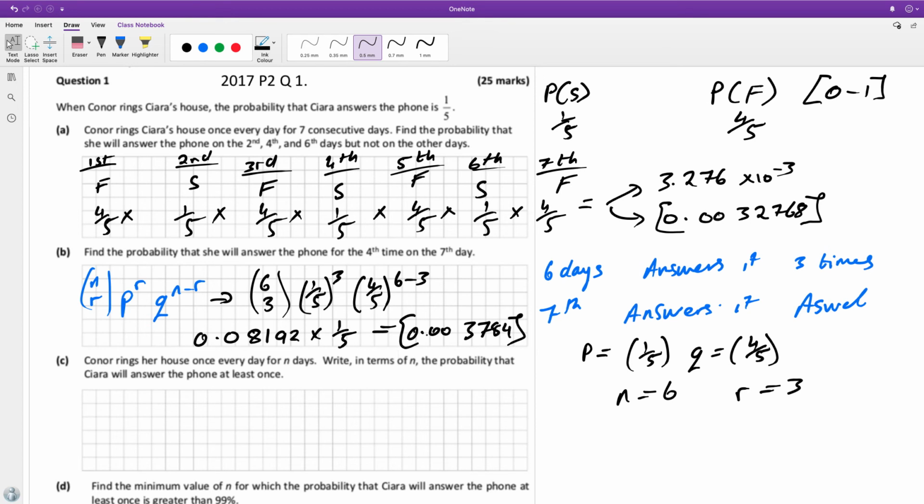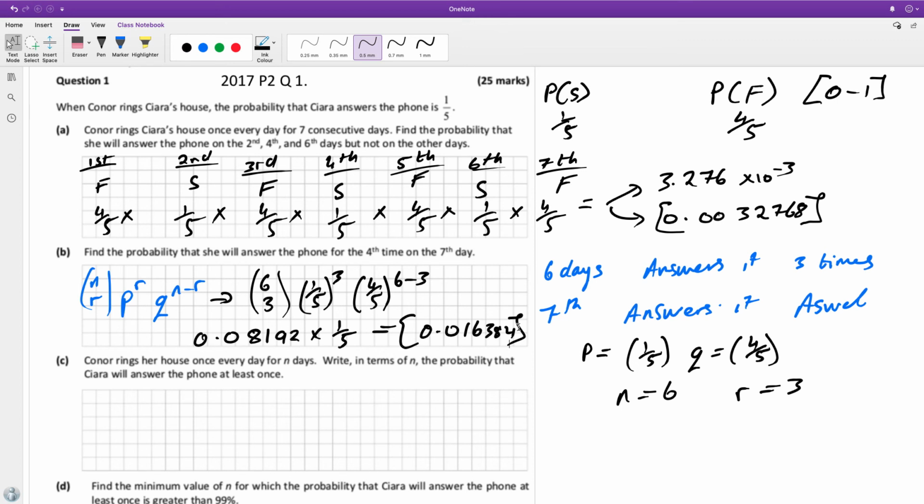Is that right? 2 seconds now, my calculator could be in the wrong mode. 0.08192 multiplied by, oh sorry, 0.16384, is it? Yeah, apologies, calculator was in the wrong mode. That happens. 0.01634. Right, bottom one.